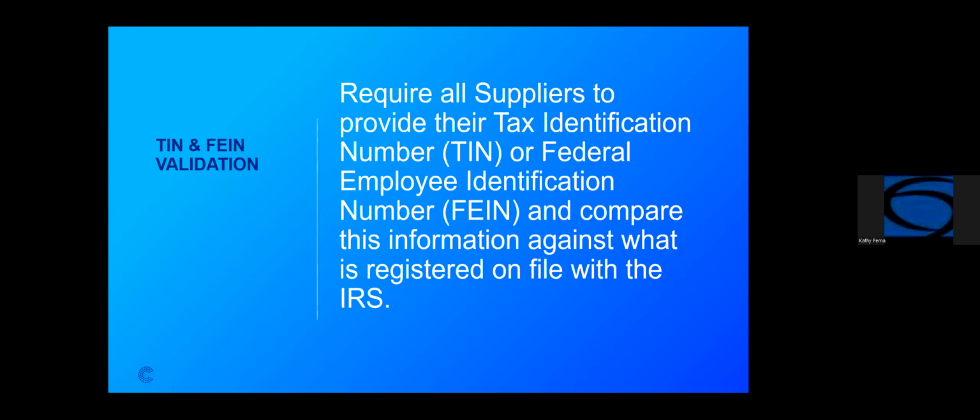So just like the USPS and the OFAC, the IRS provides a database of all of the TINs where you could verify that the information your supplier provided matches the TIN and the supplier name, which would also be a red flag if it doesn't match or if it's not correct. The IRS will send you back confirmation if it is a match, or if it isn't a match, it can also provide you those details where you can follow back up with your supplier.